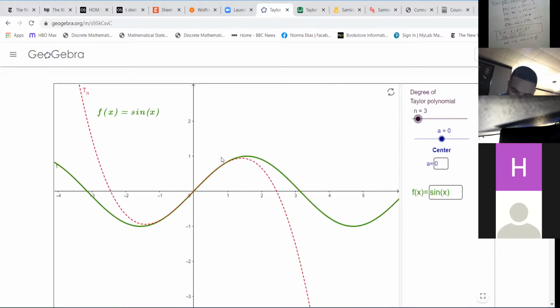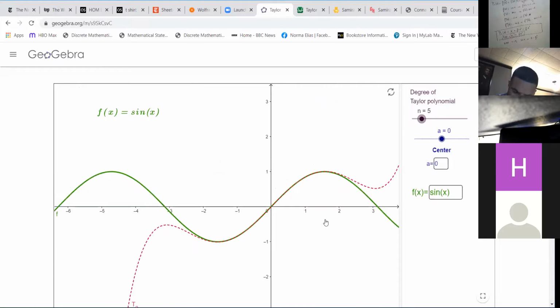You can see that we're having a much better approximation of the sine. I want you to compare 1 versus 3. The third degree Taylor polynomial is absolutely a better approximation. Then I can keep going. I can do 5.